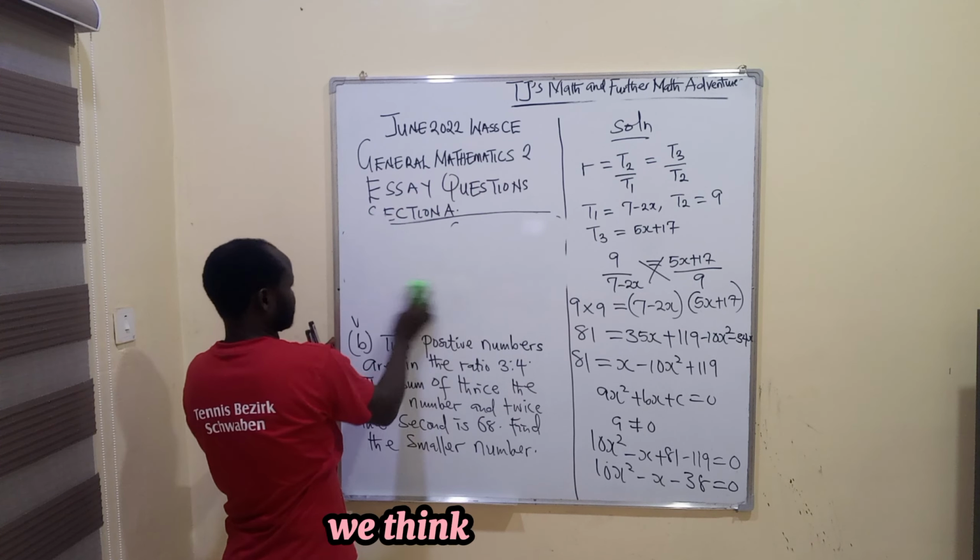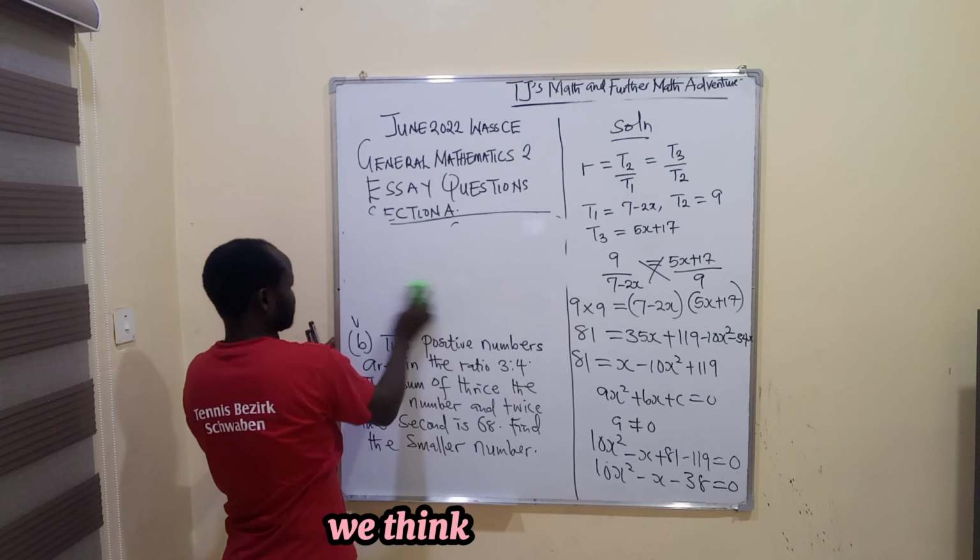So the two factors are minus 20 and plus 19. That's minus 20x and plus 19x. So this will be 10x squared minus 20x plus 19x minus 38 equals 0.